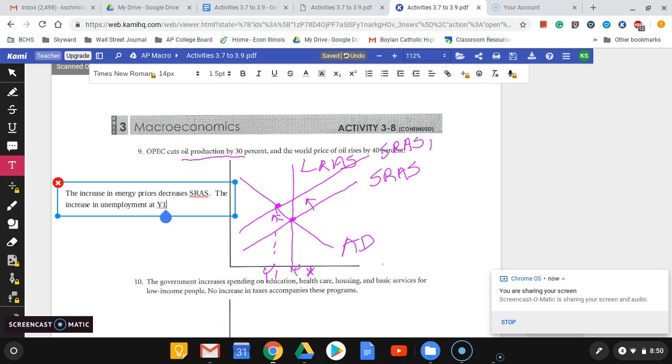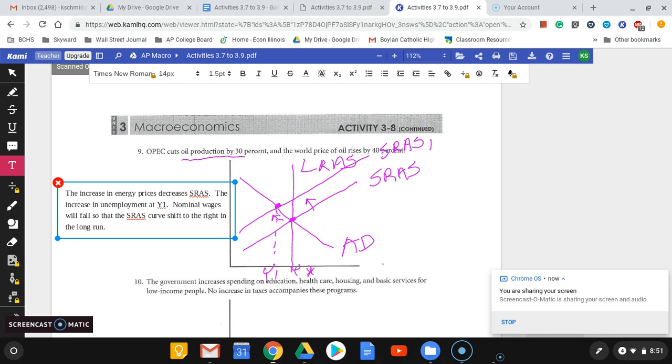Okay, so what's going to happen is nominal wages will fall so that the SRAS curve will shift to the right in the long run.